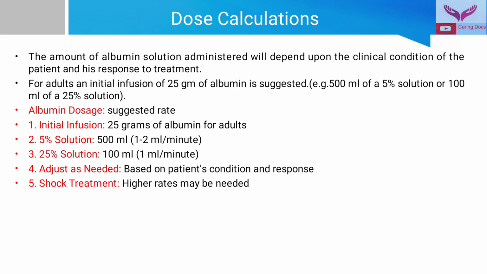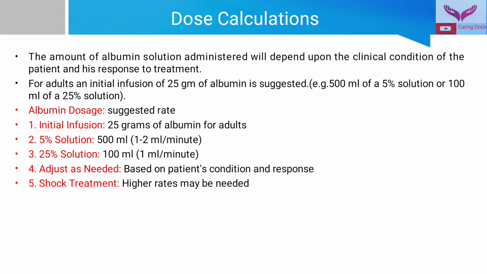The dose calculation of albumin: the amount of albumin solution administered will depend upon the clinical condition of the patient and his response to the treatment. For adult patient, the initial infusion of 25 grams of albumin is suggested, that is 500 ml of 5% solution or 100 ml of 25% solution.